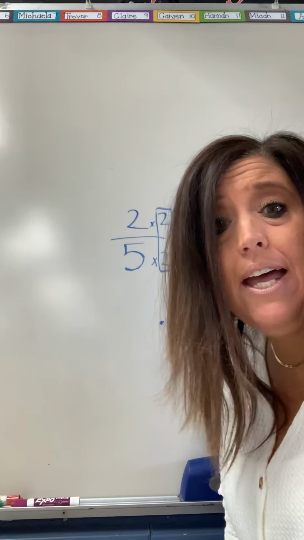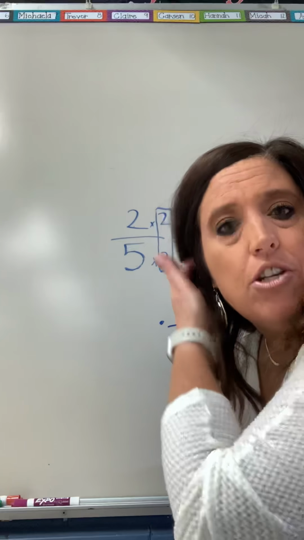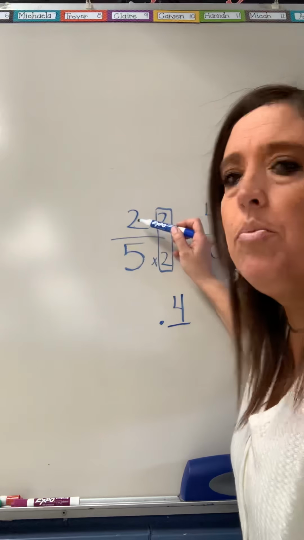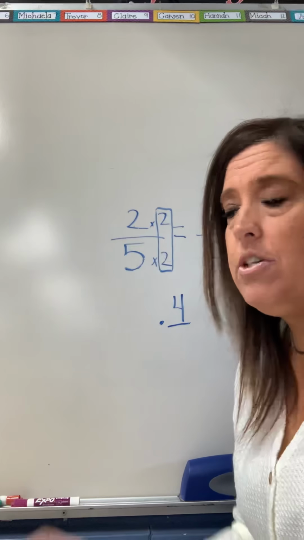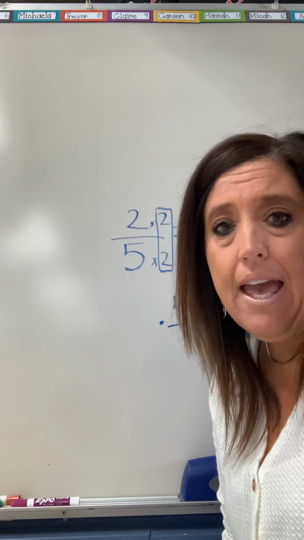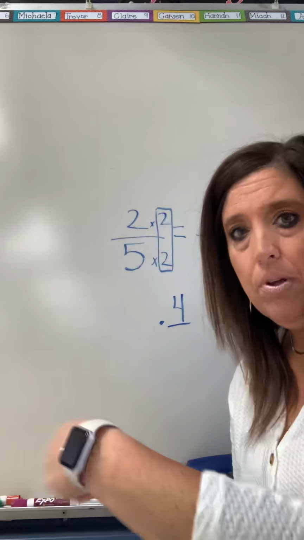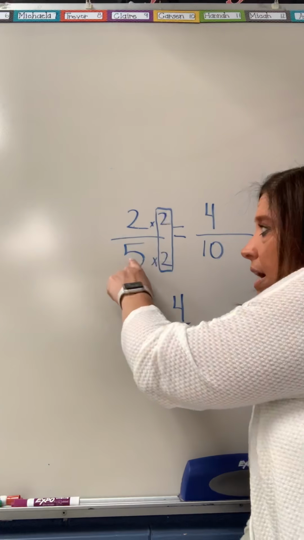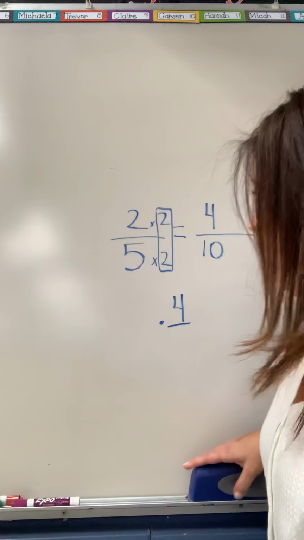That is how you can change a fraction into a decimal. So again, just to review, you can either divide your numerator by your denominator, or if you can think of a place column that is a multiple of your denominator, then you could also change it into an equivalent amount and go that direction. Here's another example.